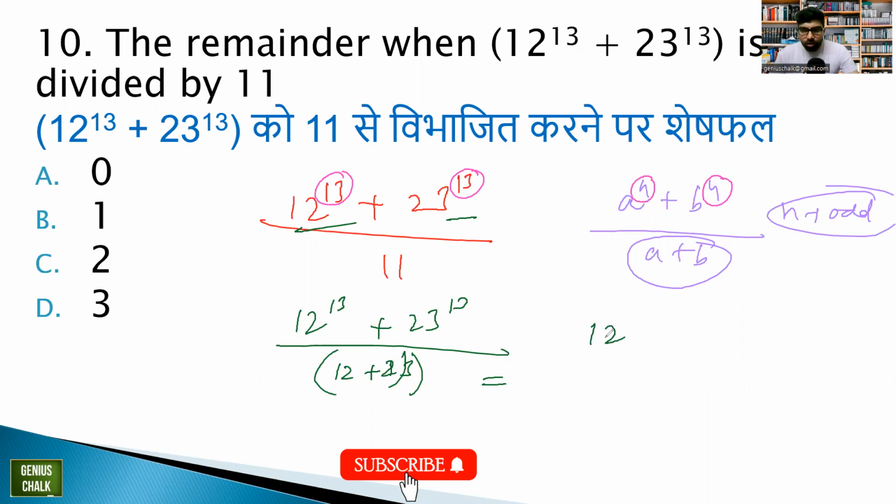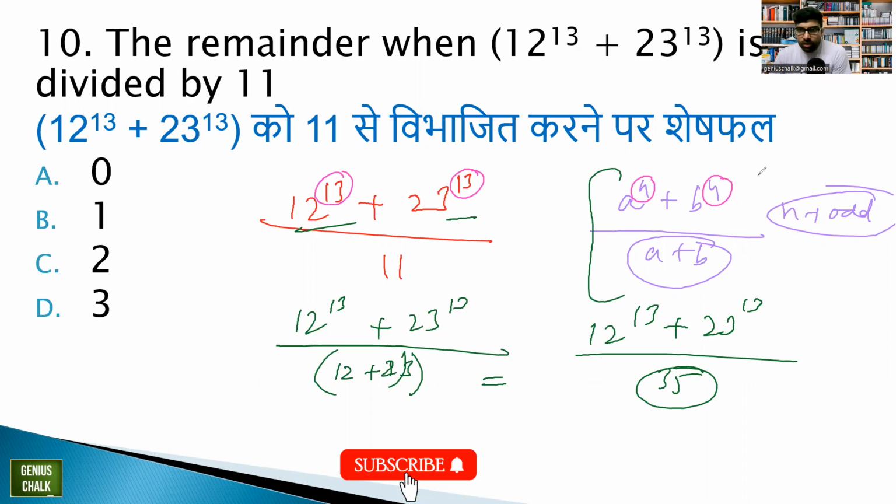So this number is divisible by 35, right? This is the first way which we have learned, but you can see that this rule has failed here. n is odd, fine, it must be divisible by a plus b, but that gives 35, whereas 35 is not what we need here. This has to be 11. This has to be divided by 11. That means, guys, this rule has failed here.